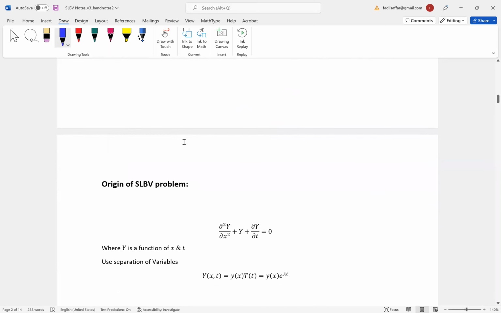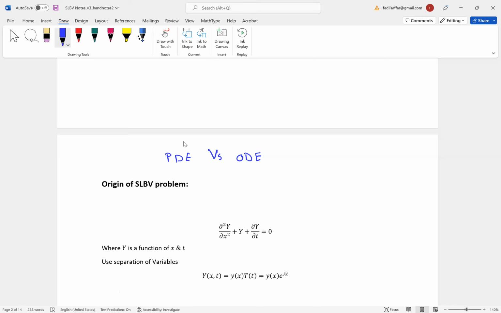We'll start with the origin of the SLBV problem and where it comes from. If you remember, when I started I said this is part of a PDE, which is quite different from what we've done during this course, where we mostly covered ODE problems. As you'll see, it's not too far from what we did, because we'll turn the problem into an ODE.